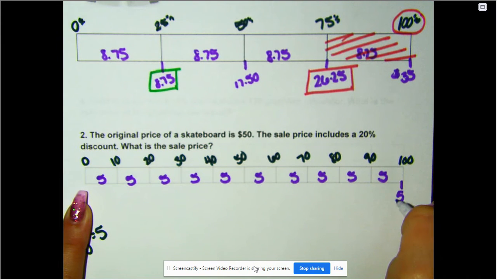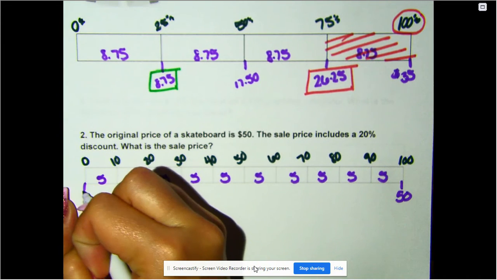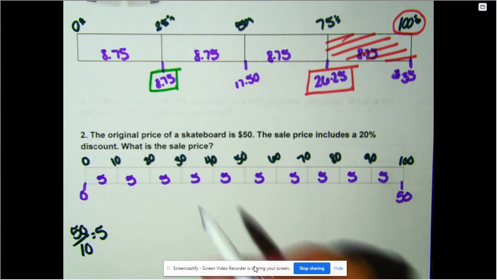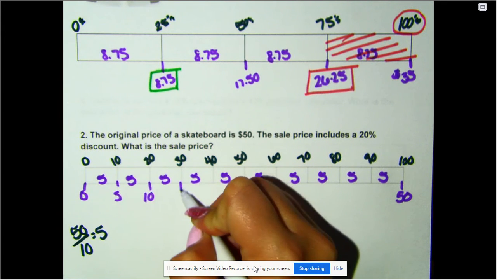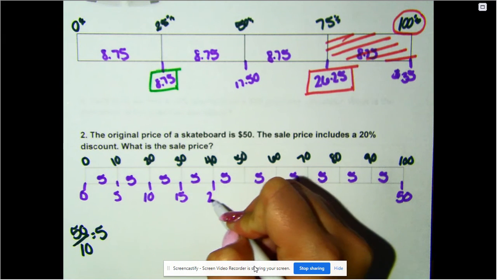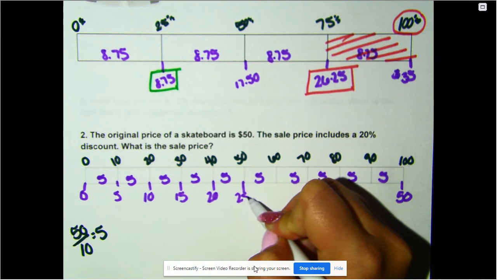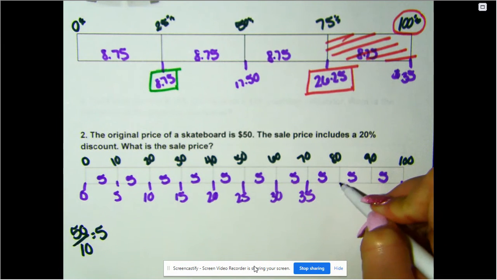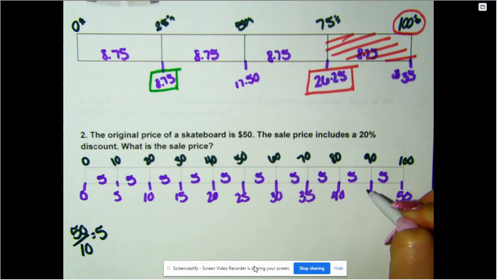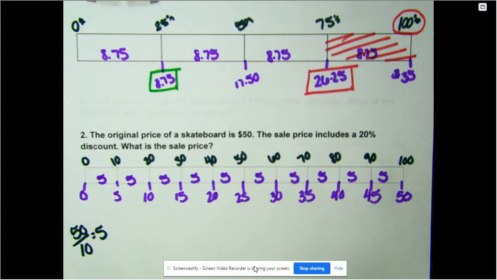That's how I got my total to be 50, starting at 0. If you really wanted to, you could put in the tick marks. Okay, so we did all of that.